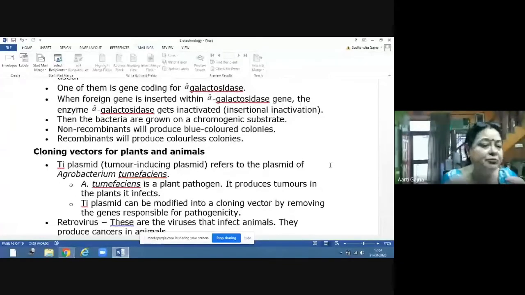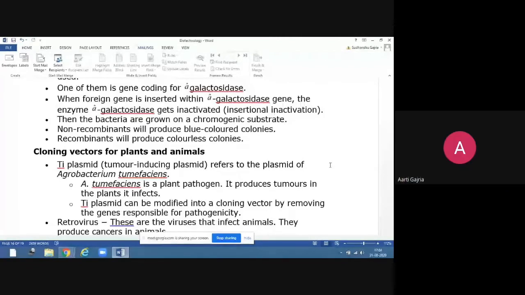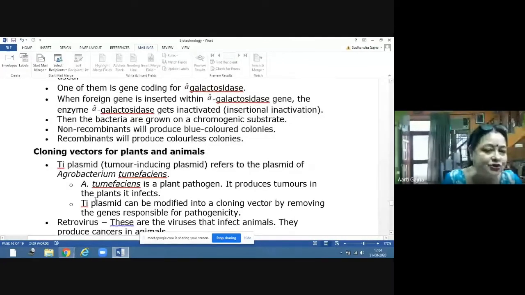So the tumor-inducing plasmid is a plasmid present in the bacterium Agrobacterium tumefaciens. This Agrobacterium tumefaciens has its plasmid, which is called the TI plasmid, tumor-inducing plasmid.